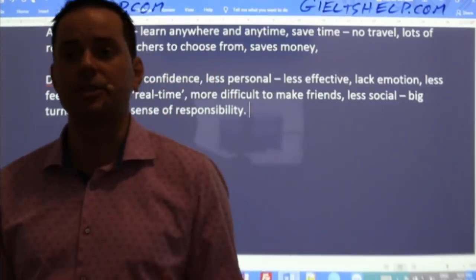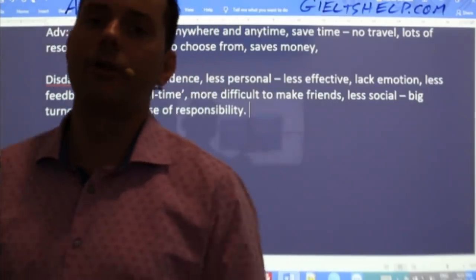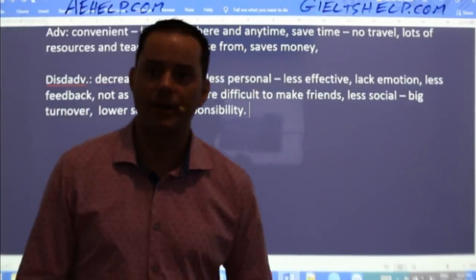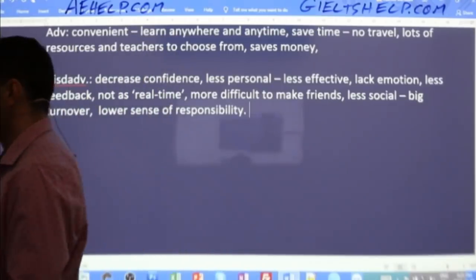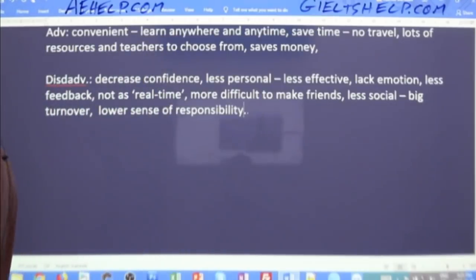So it's better, it's more effective for learning in that way, right? So it's a lower sense of responsibility or duty in online learning.